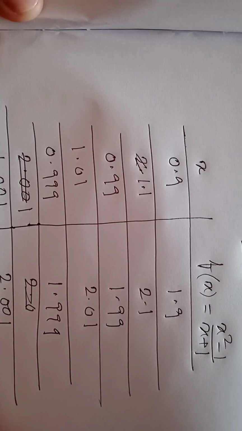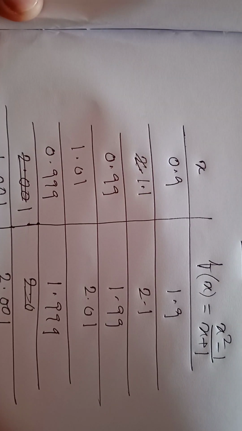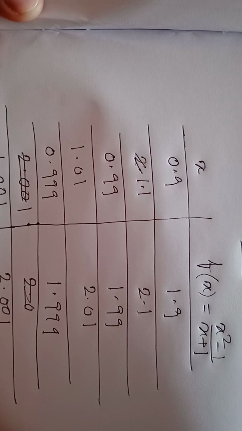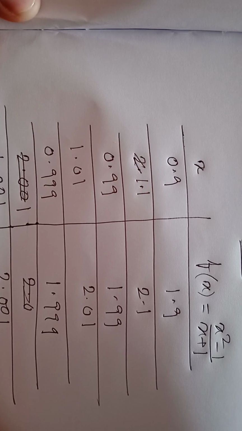So from this table we can definitely say that when x approaches 1 from values less than 1 or greater than 1, f(x) approaches 2. So this is the limiting value of f(x) at x equals 1. Now come to the definition.